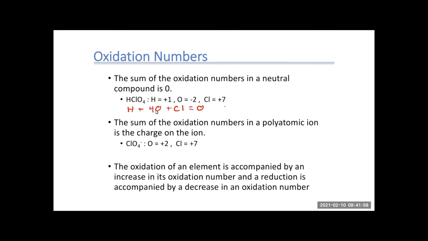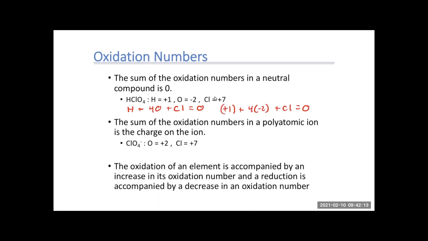So we'd end up with +1 plus 4 times -2 plus chlorine equals 0. And then when we solve for the chlorine, chlorine has an oxidation number of +7. So you can see how chlorine is the one that changes its oxidation number depending on the polyatomic ion it's with.